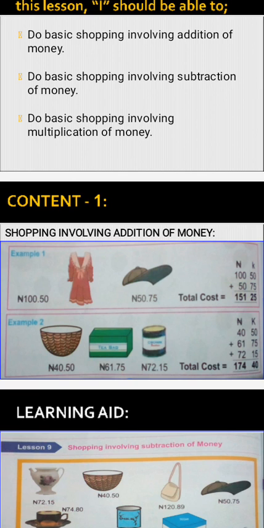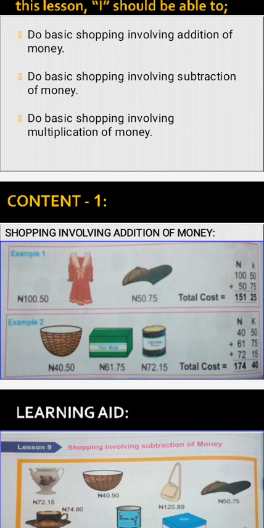Like in example 1, we have that dress, that's the gown. The price for that gown is 100 naira 50 kobo, and for the cap the price is 50 naira 75 kobo. If I need to buy these 2 items, I should be able to do my addition properly, so that when I'm giving the amount to pay, because sometimes those selling try to play smart.